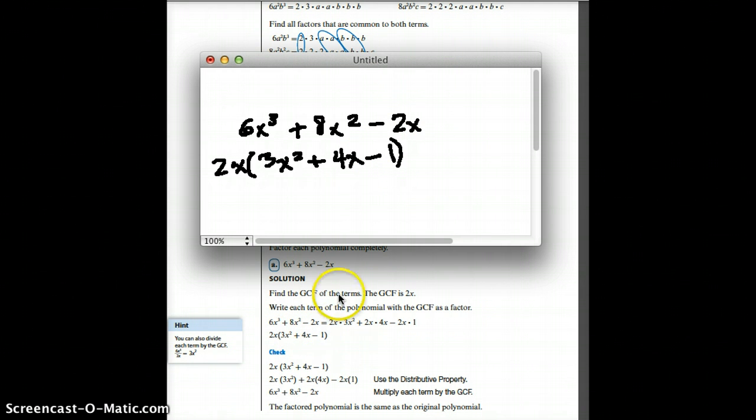To check the answer, just like they do here, go ahead and multiply. Distribute the 2x, and you should end up right back at the beginning.